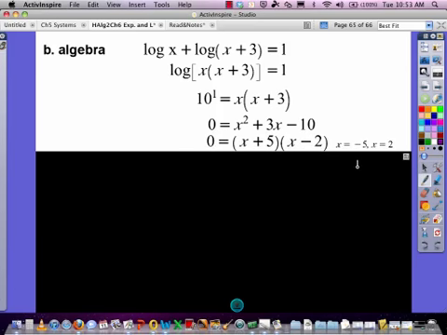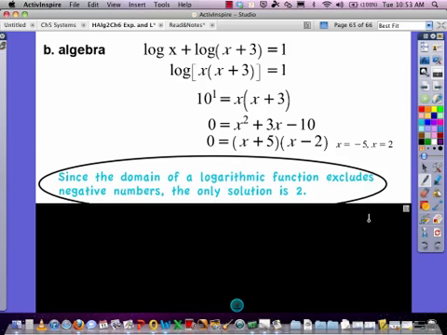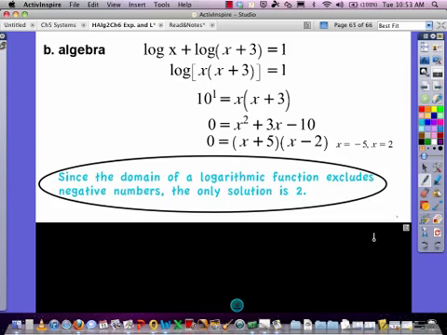What multiplies to give me a negative 10, that adds to give me a 3. We get two solutions by doing the zeros, but as usual, since the domain of a logarithmic function excludes negative numbers, the only solution we can take from that is the 2. The negative 5 gets thrown out as a bad choice, not a true statement at this point.